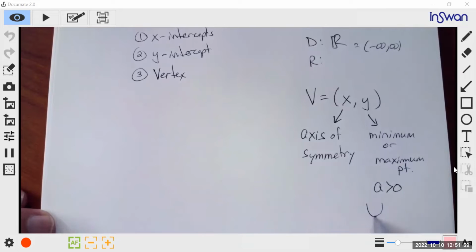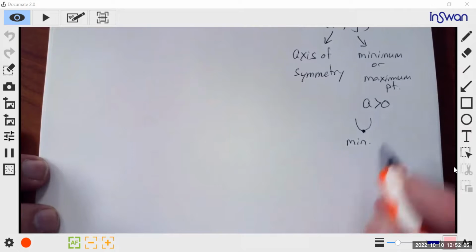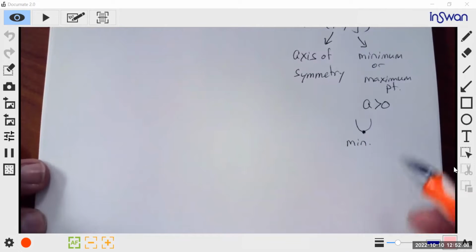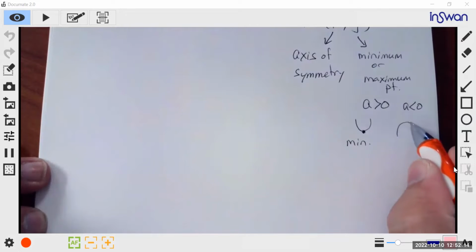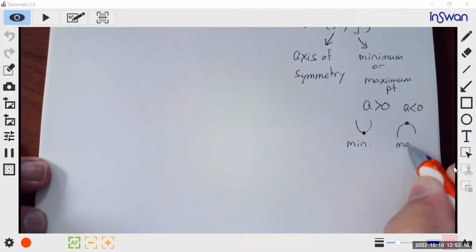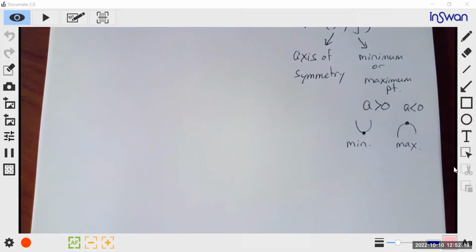If it opens up, then we have a minimum. The minimum is the lowest point. If A is negative, it opens down, then we have a maximum. Because maximum means the highest, the largest. And I'll show you what these mean in a second.